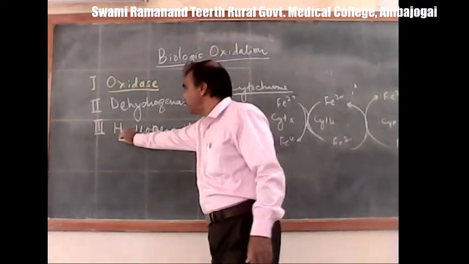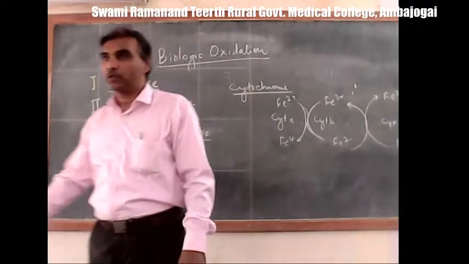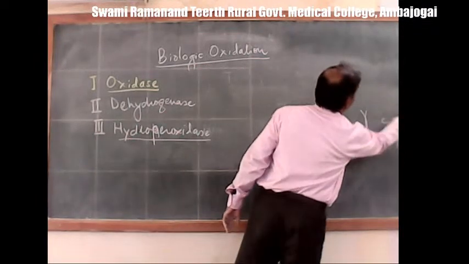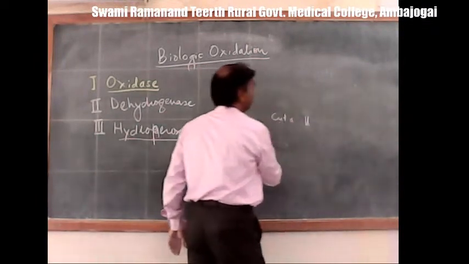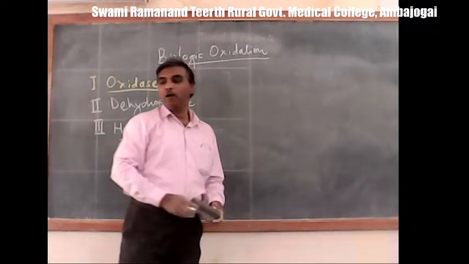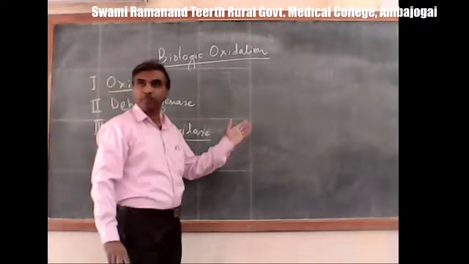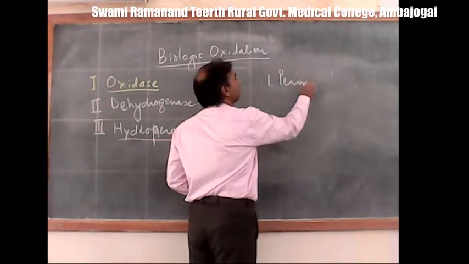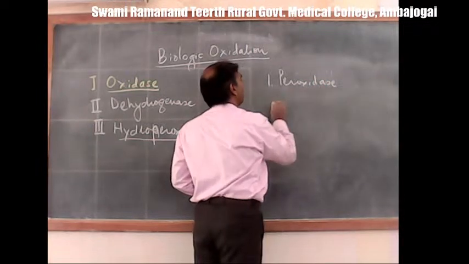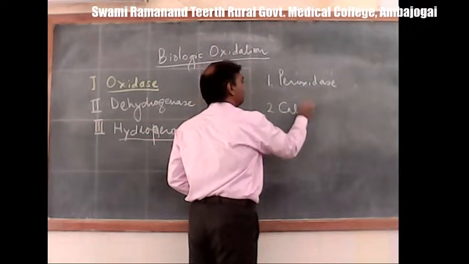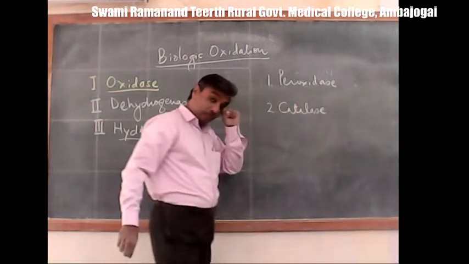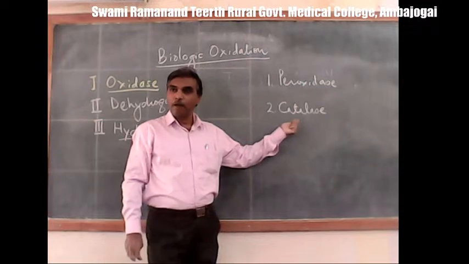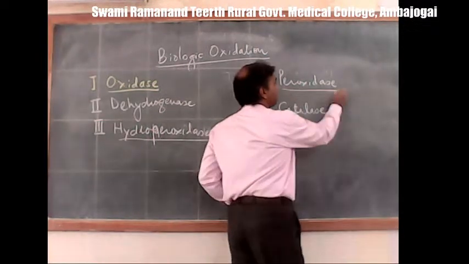Now these hydroperoxidases, as the name indicates, are the enzymes which scavenge hydrogen peroxide or reactive oxygen species. They are classified into peroxidase and catalase. Catalase is a heme containing enzyme. Now what does this peroxidase do?